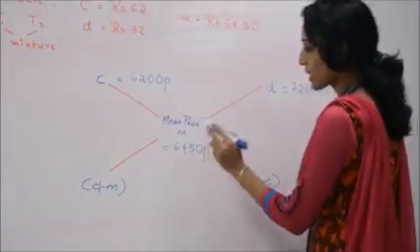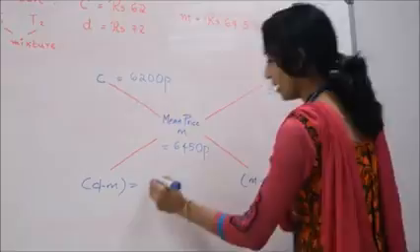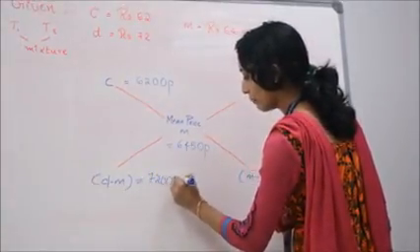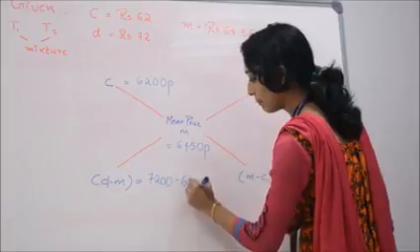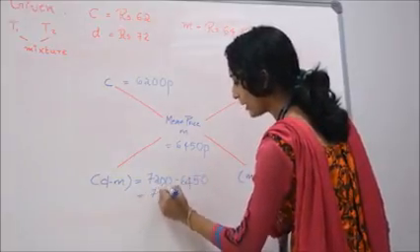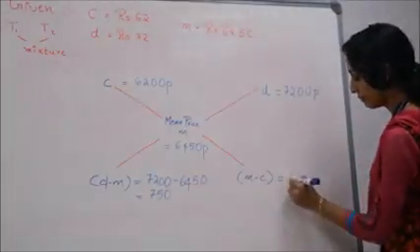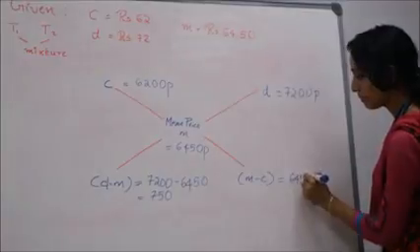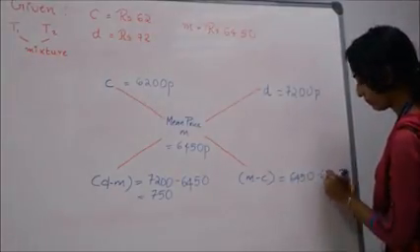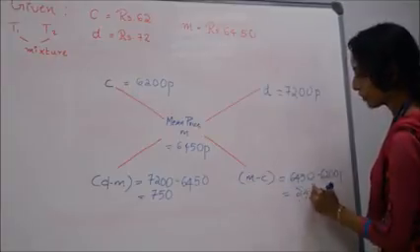So by subtracting M from D, we get 750, and M minus C is equal to 250.